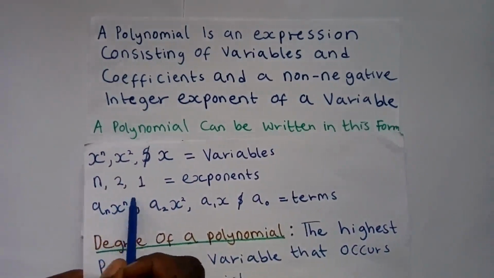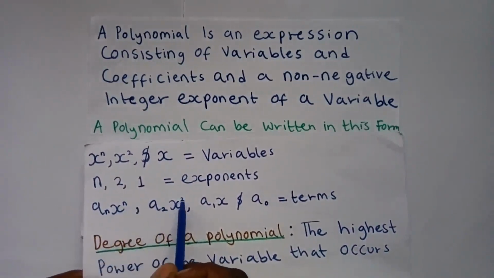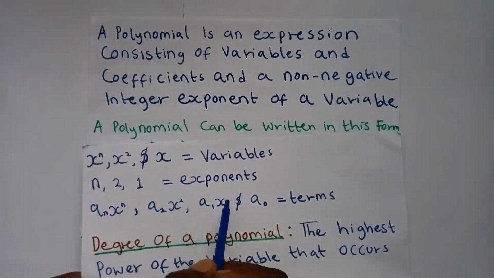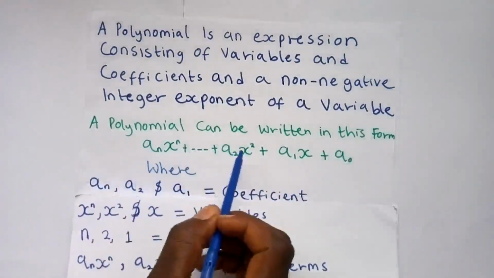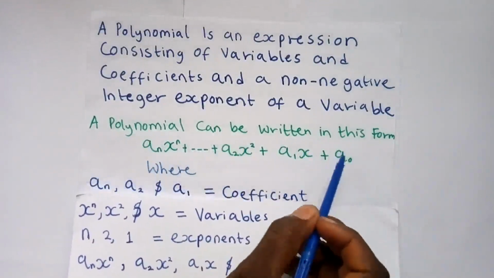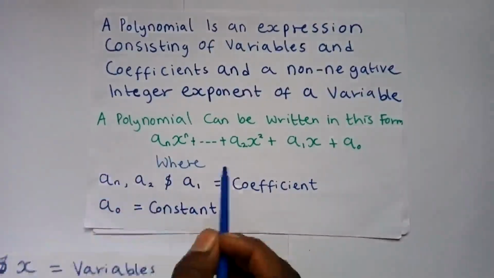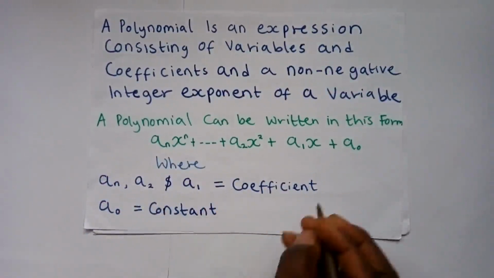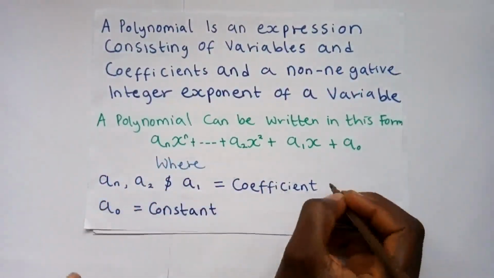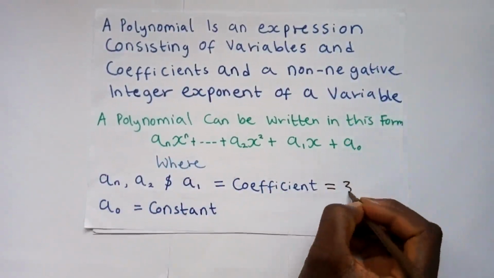a_n x raised to the power of n, a_2 x raised to the power of 2, a_1 x raised to the power of 1, and a_0 are the terms. So this is a term, this is a term, this is a term, and this is a term. So in this polynomial, how many coefficients does it have? 1, 2, 3. It has 3 coefficients.